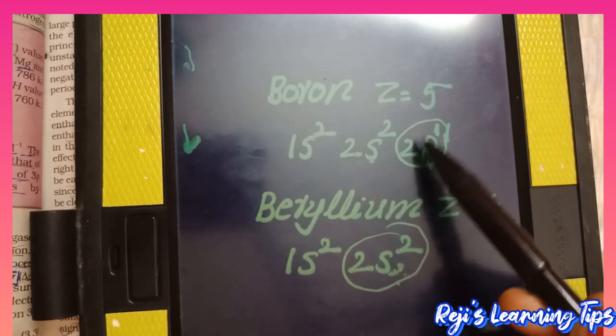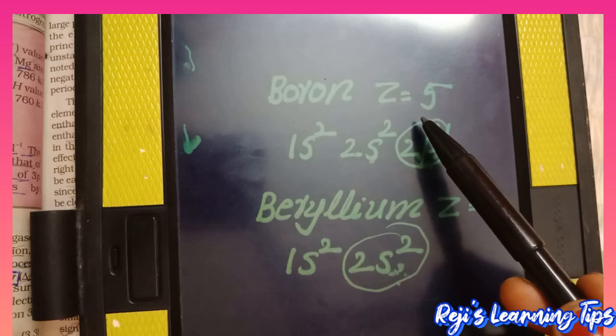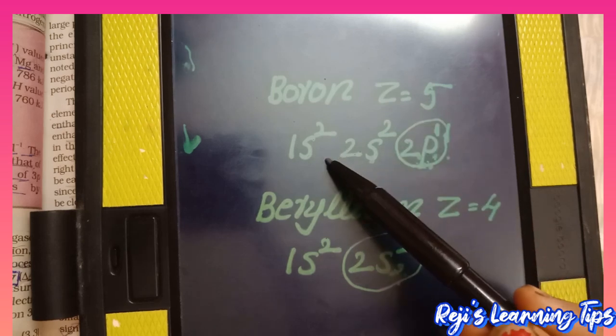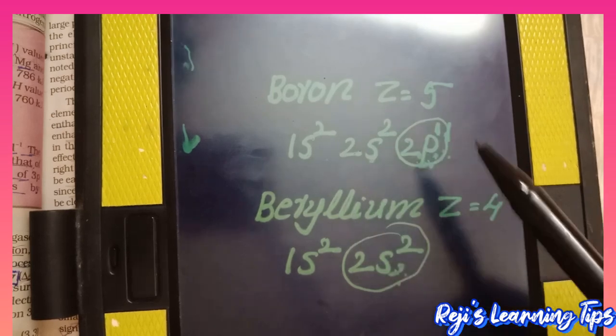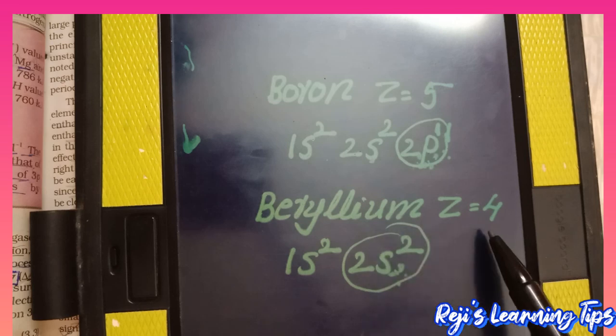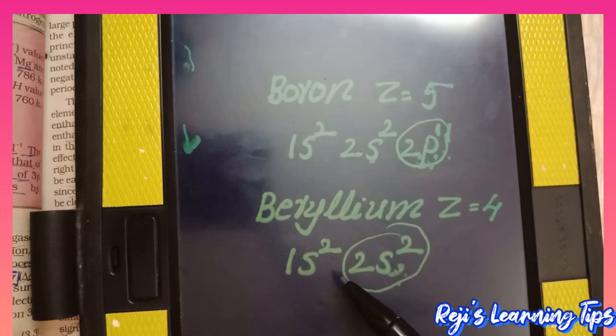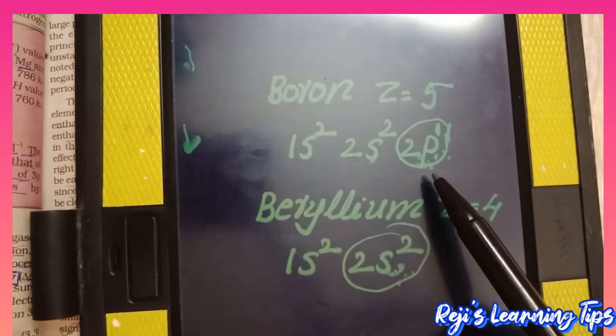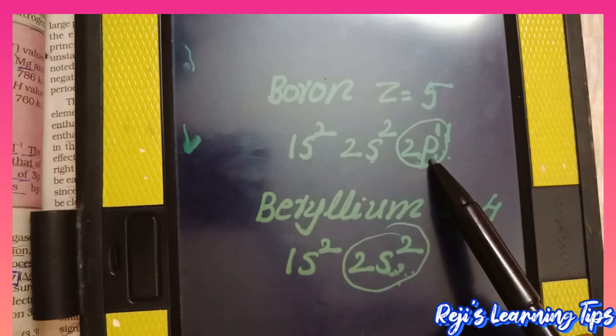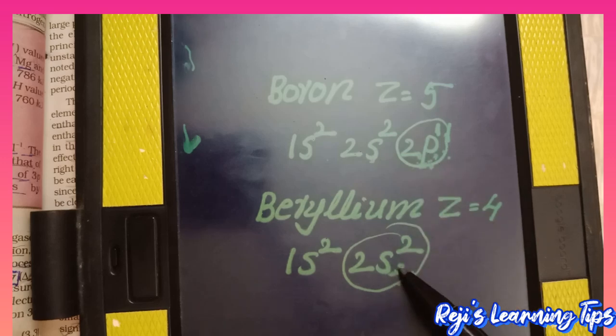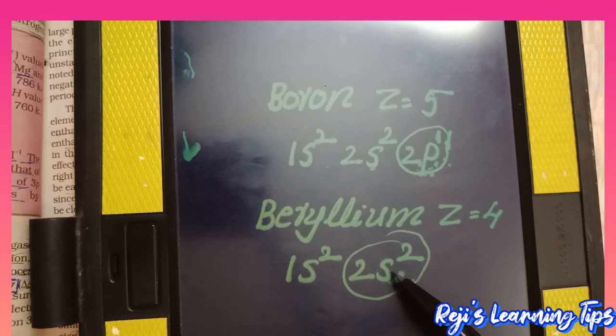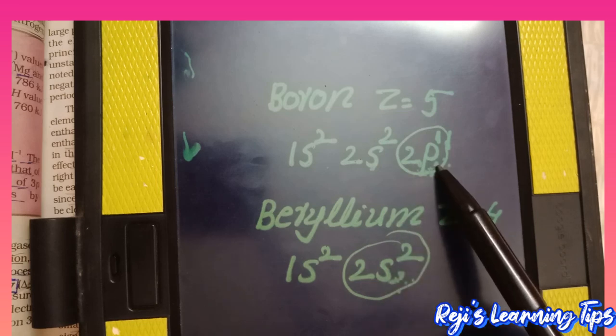In the case of boron, its atomic number Z is equal to 5, so its electronic configuration is 1s2, 2s2, 2p1. In the case of beryllium, Z is equal to 4, and the electronic configuration is 1s2, 2s2. Here we remove the electron from 2p, but in beryllium we have to remove the electron from 2s. The penetration of 2s electrons to the nucleus is more than that of 2p electrons.